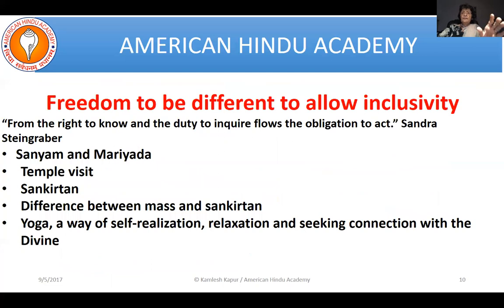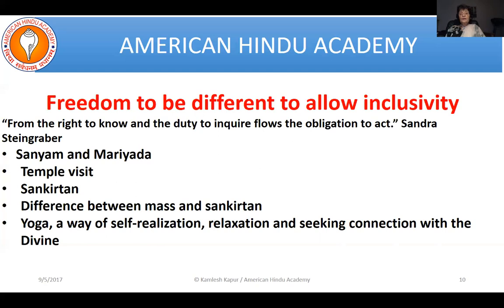So, freedom to be different, to allow inclusivity. This is the broader framework in which the daily routine, the occasional ceremonies, the chants, the prayers, festivals and customs, all of them lie. It is a good thing that you have a right to know, and the duty to inquire is also a good objective.